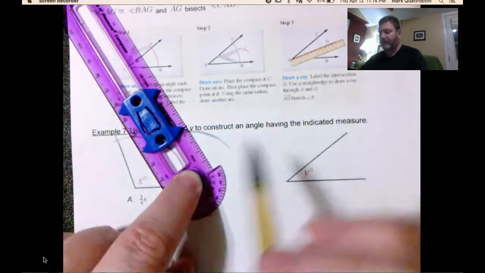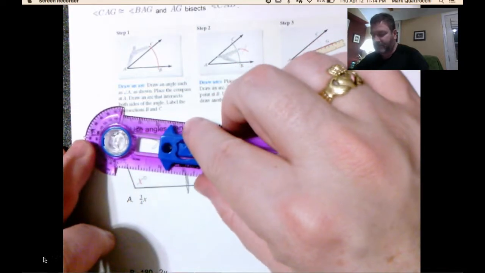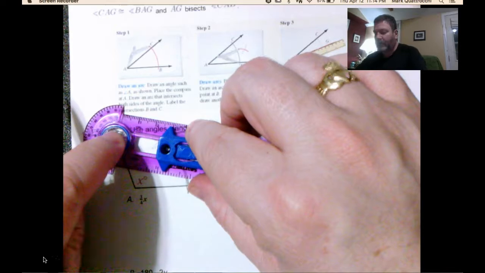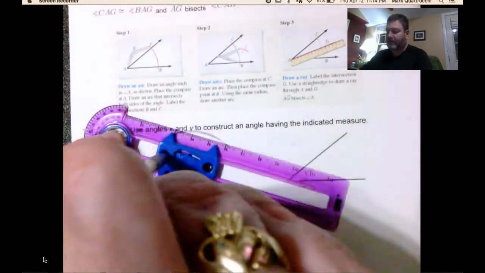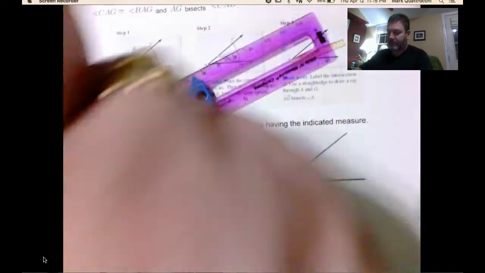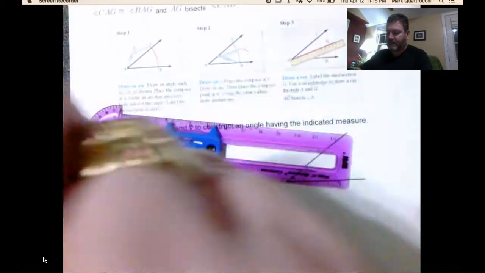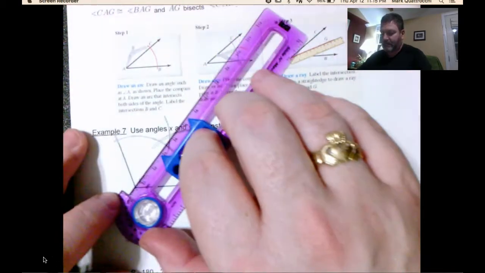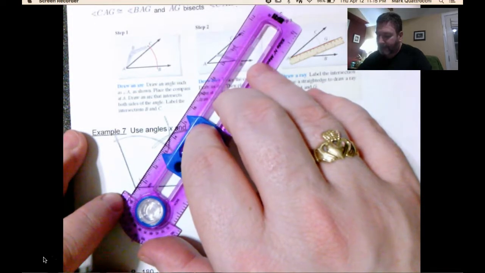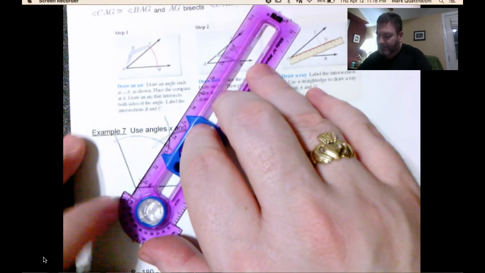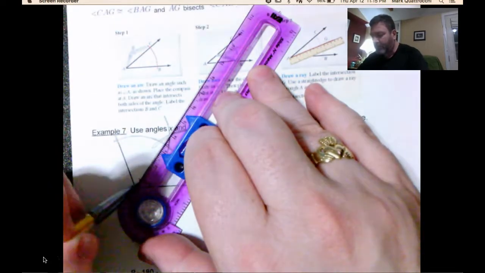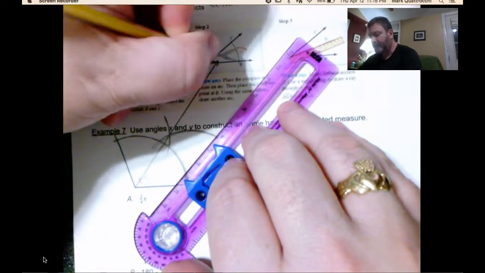Keeping the same radius, I flip over to the other intersection. And I draw another arc. It's going to intersect the last one I just drew. And draw my bisector right through there. So this is my angle bisector.